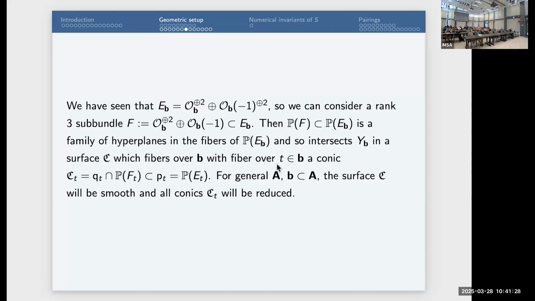So in the sex YB, so YB with a quadratic surface, and then comes into the conic. So we got a bundle of conics. This is the best approximation of the Gothic thing, which fibers over the base with fiber the conic. So for general A and general B in it, the surface Gothic thing will be very smooth and all conics will be reduced.